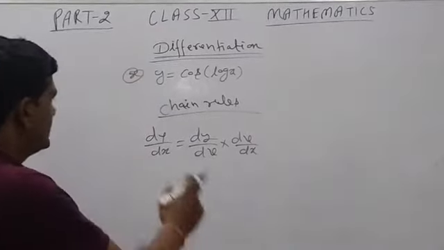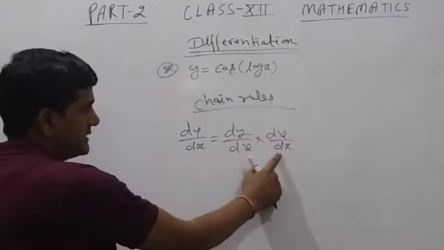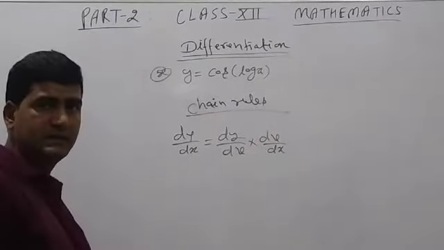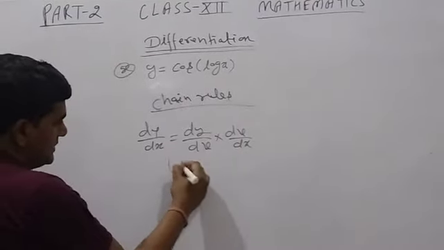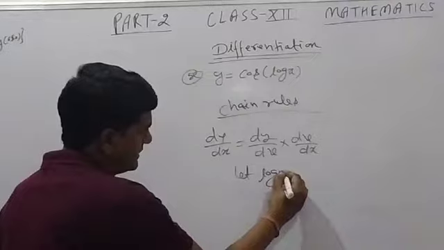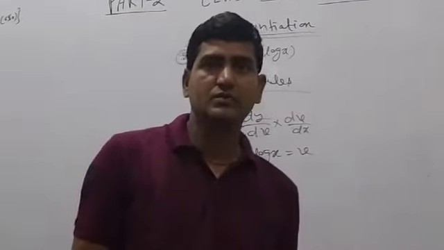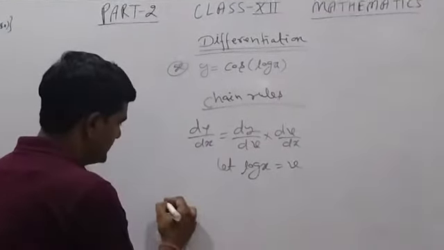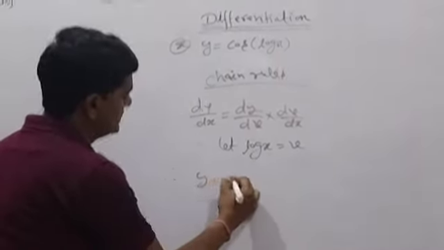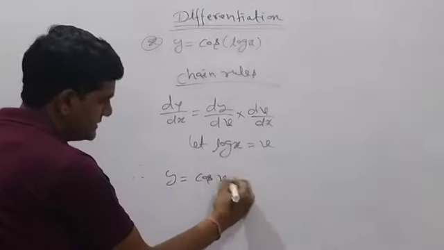Then here first of all you see dv by dx. Clear? Then let log x is equal to v. Whatever value you suppose, you put here. Therefore y is equal to cos of log x is equal to cos v.